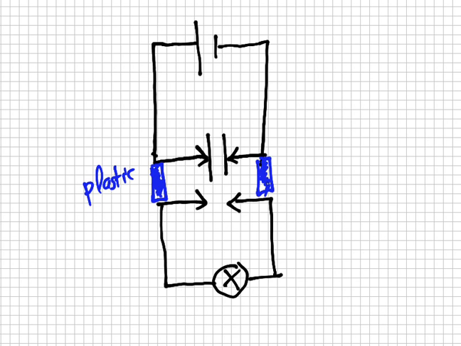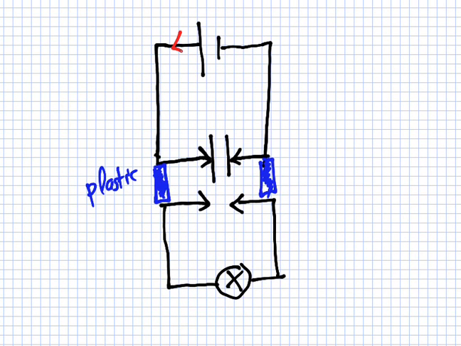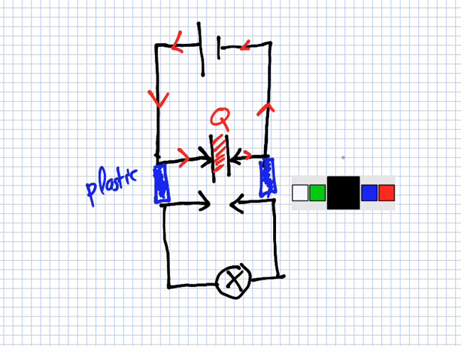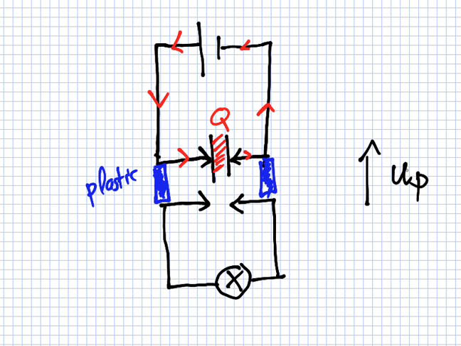What I'm picturing here is the battery, and the current goes like this. Then you get your charge, like that, so this is charging up. Then if I move this up, can you see these little arrows? It disconnects.